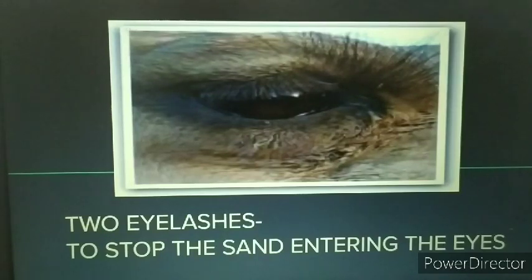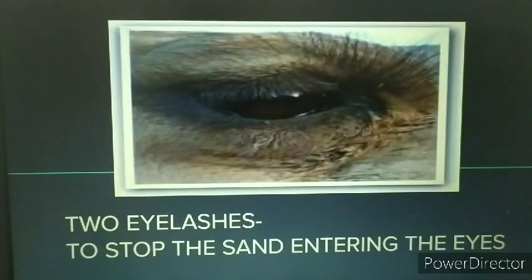The reason why it has two rows of eyelashes is to stop sand from entering the eyes. As you know, this animal is found in the desert area, and sometimes when the wind blows at a very high speed, definitely sand particles must be in the air. So there are chances that these particles may go into the eyes, and that will cause difficulty for the camel to move.